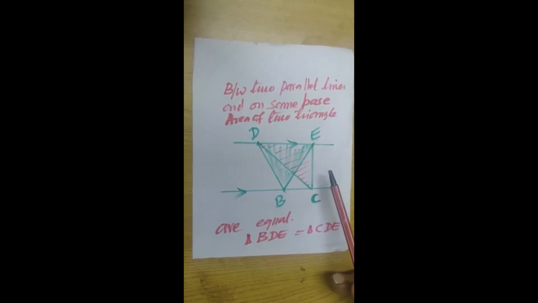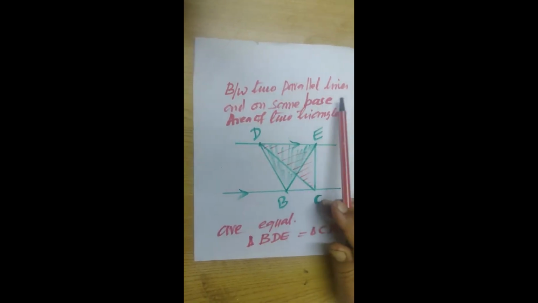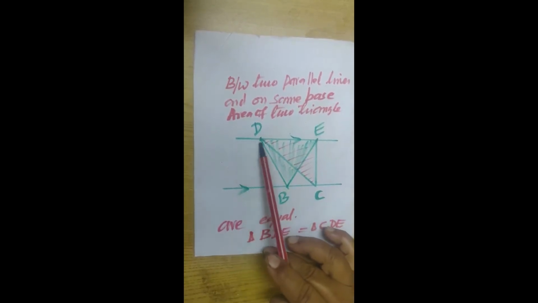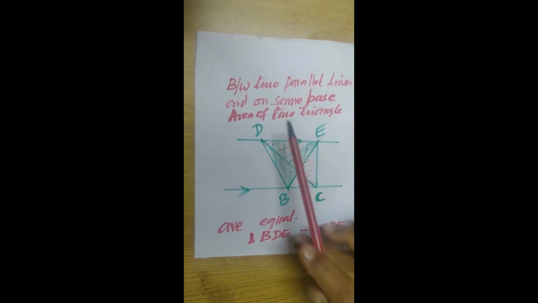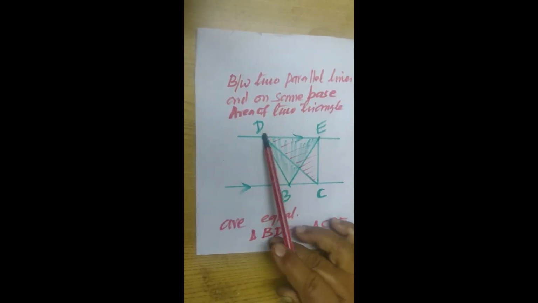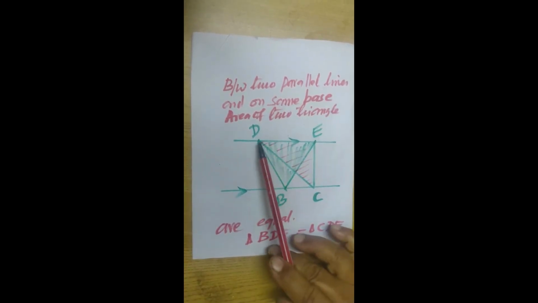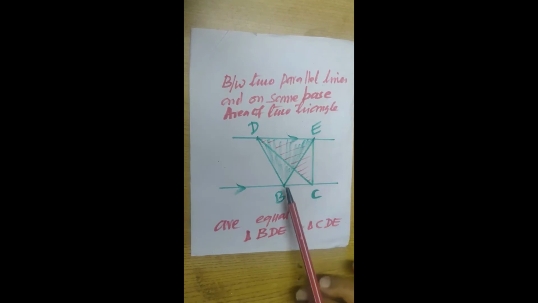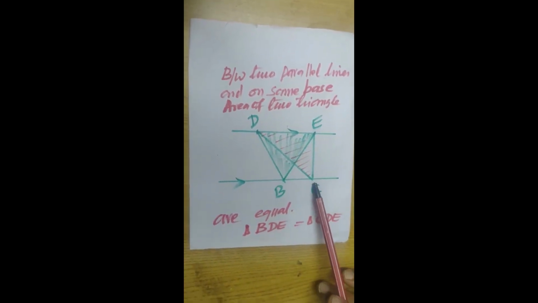Similarly, we need triangles between two parallel lines and on the same base. Here DE is a parallel line and BC is another parallel line. Between two parallel lines, DE and BC, and the same base, DE, which we are taking as the base, DEB is one triangle and DEC is another triangle.